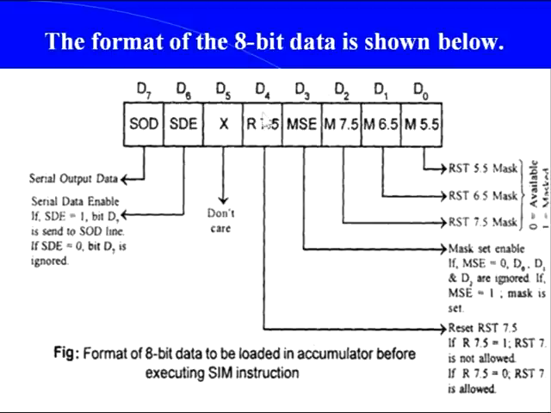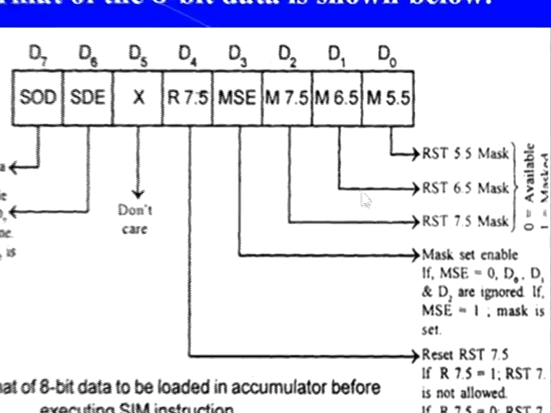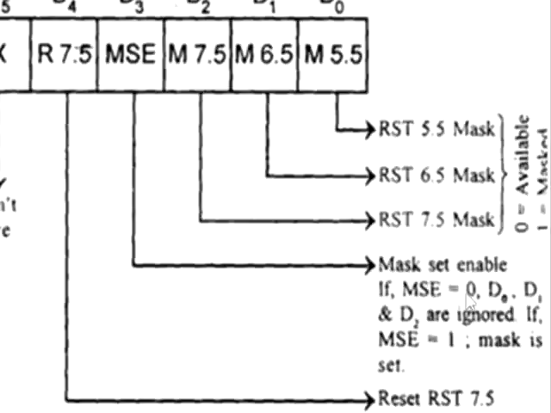Then bit D3 is called mask set enable, which is used to mask the interrupts 7.5, 6.5 and 5.5. If the value of the MSE, mask set enable flip-flop, is 0, then bits D2, D1 and D0 have no meaning, so don't care. But if MSE is set to 1, we are enabling the mask set enable flag.